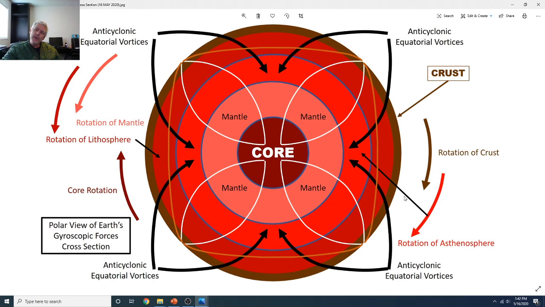It's going clockwise, and then you alternate, and the rotation of the lithosphere in this zone is going in the opposite direction, which is going counterclockwise. And then you have the rotation of the asthenosphere here going clockwise once again, and then the mantle over here, you got the arrow, it's going counterclockwise, and then you have the core of the planet going clockwise in the exact opposite direction as the planetary rotation, right?